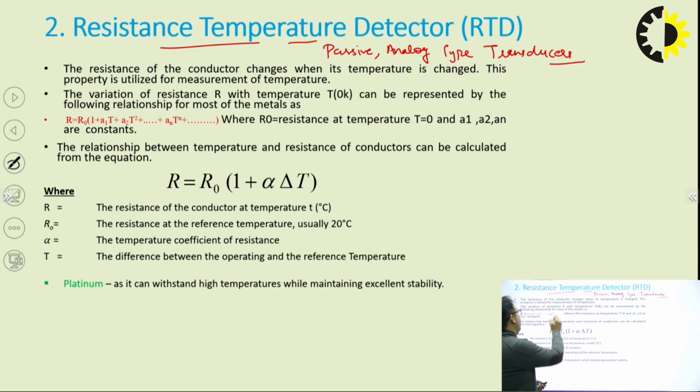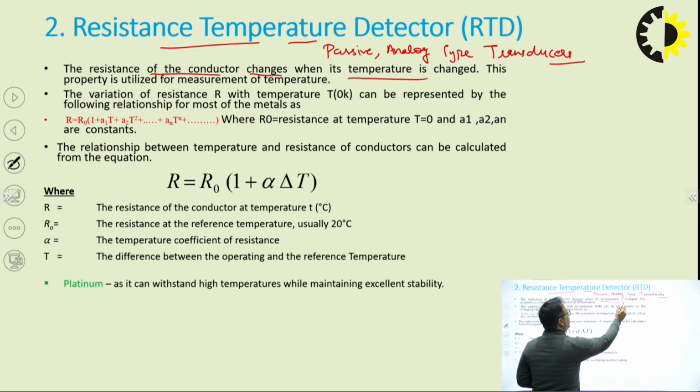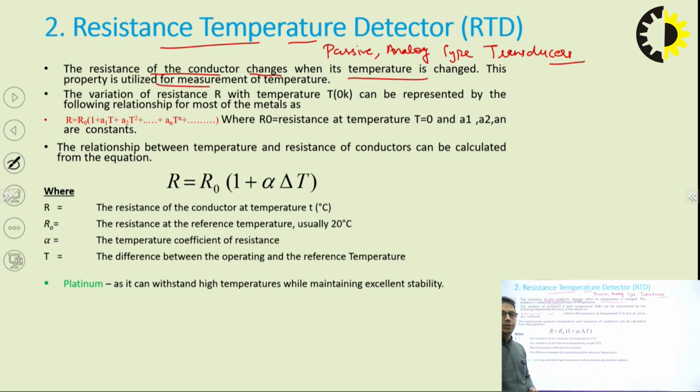The resistance of a conductor changes when temperature is changed, and this property is utilized for the measurement of temperature. And the relation of resistance with respect to temperature is generally governed by this equation, where R is equal to R naught (1 plus A1 T plus A2 T square and so on), where A1, A2 are constants and T is the temperature which we actually want to measure.